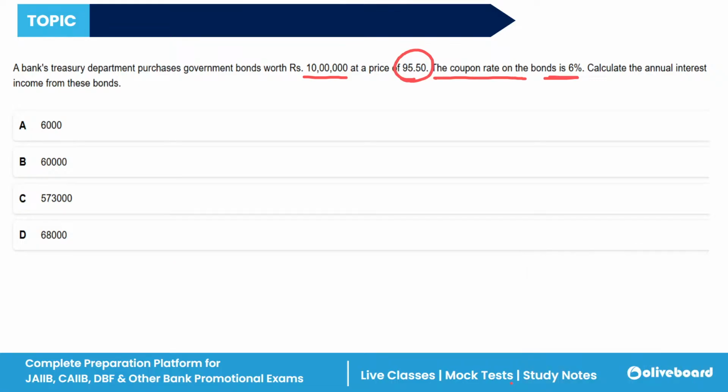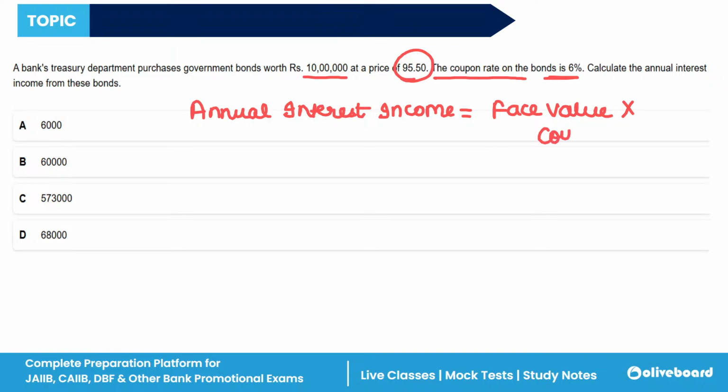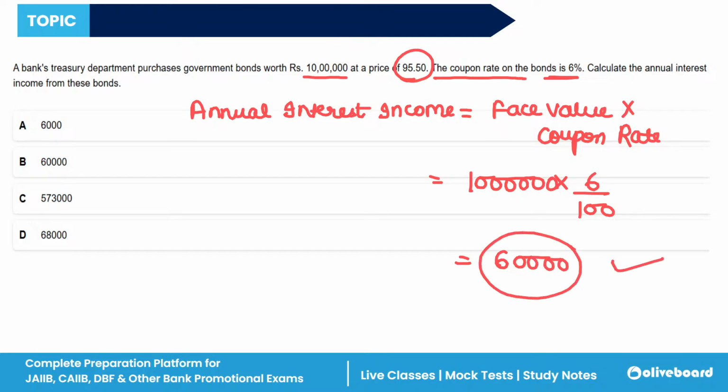Simply we have to perform the step-by-step calculation. First calculate the annual interest income. That is equal to face value multiplied by coupon rate, which is 10 lakh. 6% of this 10 lakh is 60,000 annual interest income.